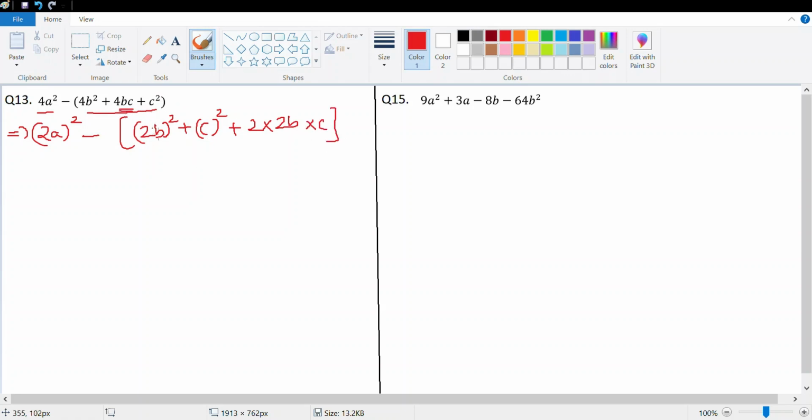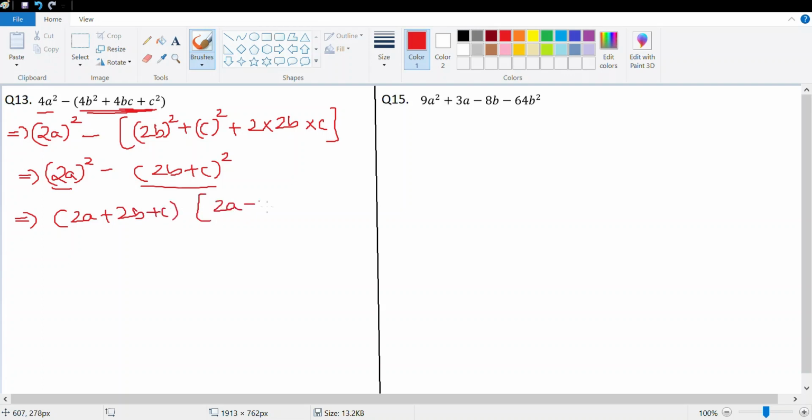So what we are basically looking at, the second term here is nothing but 2b plus c the whole square. So what we have is 2a whole square minus 2b plus c the whole square. X square minus y square, which means x plus y multiplied with x minus y.